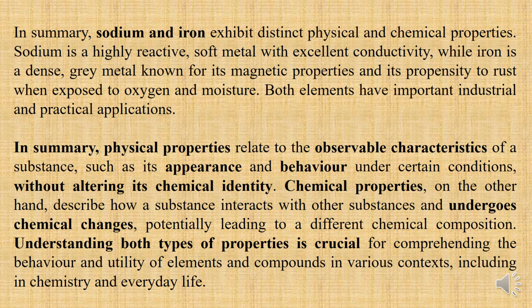In summary, physical properties relate to the observable characteristics of a substance, such as its appearance and behavior under certain conditions, without altering its chemical identity. While chemical properties describe how a substance interacts with other substances and undergoes chemical changes, potentially leading to a different chemical composition. So understanding both types of properties is crucial for comprehending the behavior and utility of elements and compounds in various contexts, including in chemistry and everyday life.